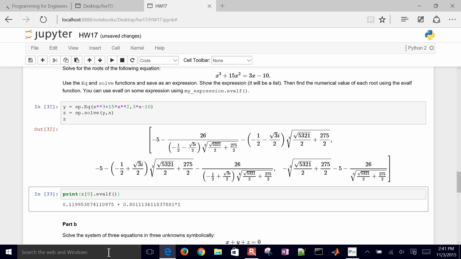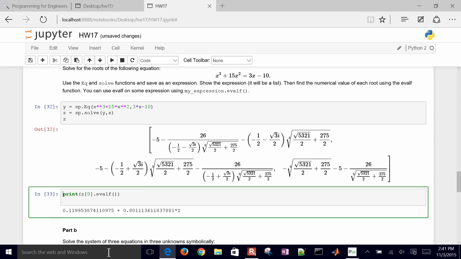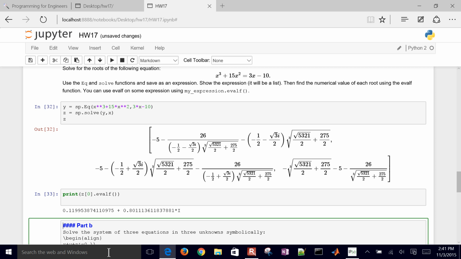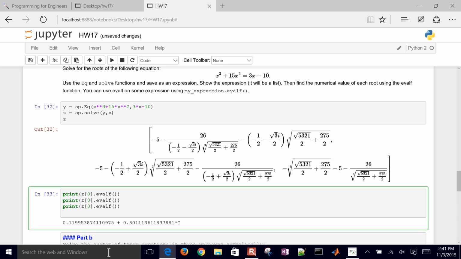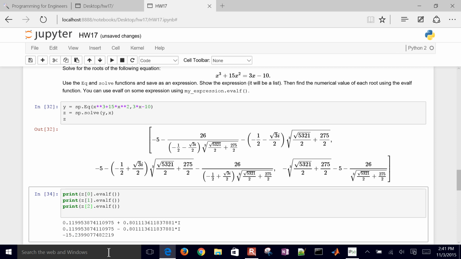That's going to come up with a number. So there it is. It's imaginary, it has an imaginary portion to it. If I get the other 2 in there as well, I can do z1 and z2 and then show those.